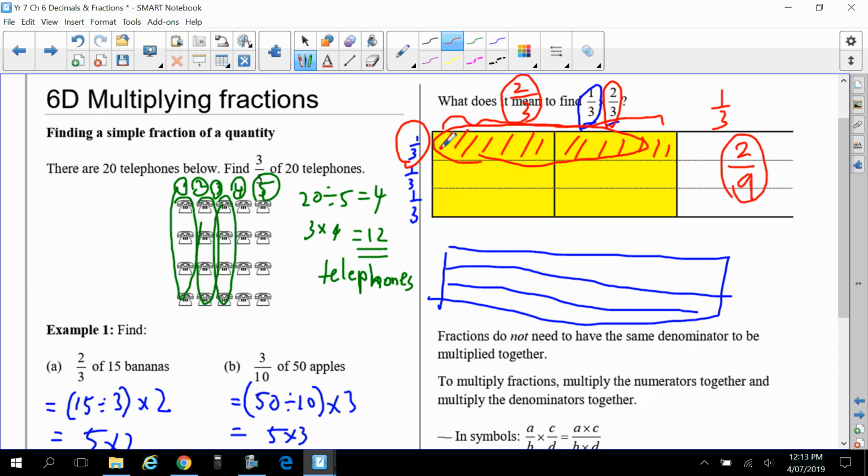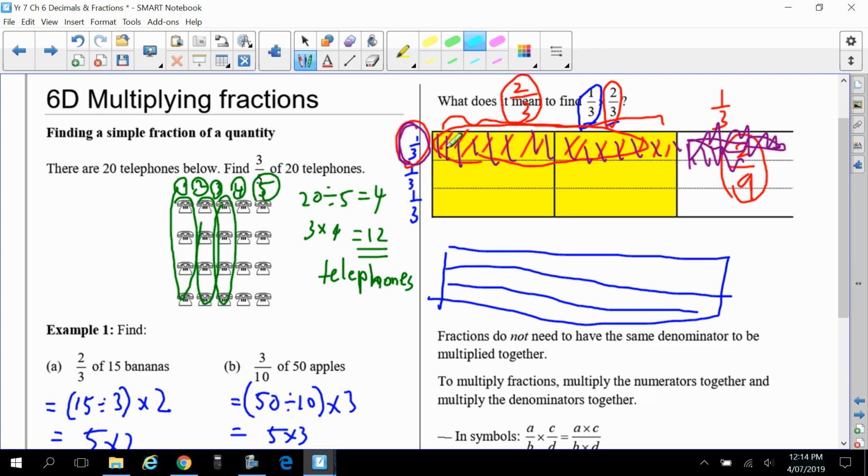Because that's 1/3, and out of the 1/3, you take 2/3 of it. So you get 1/3 first and 2/3 of what's remaining. Let's repeat that again. That wasn't well explained. Let me try again. So 1/3 is this. The whole bar is 1/3, including the white bit. Let's use a highlighter.